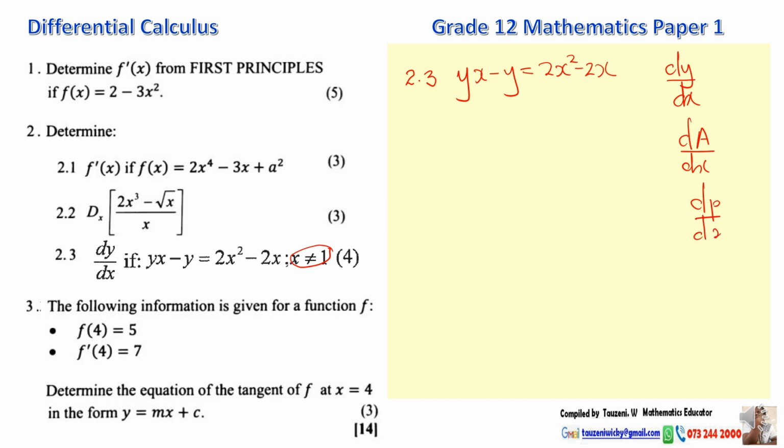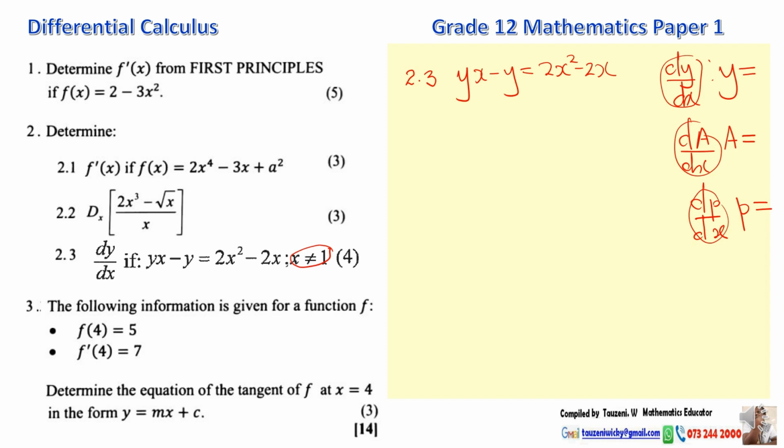Now, what it means is that in this expression, y must be the subject of the formula. In the second one, the subject of the formula is a, and the equation is given in terms of x. If we say dp/dx, it means p must be the subject of that formula, then we can differentiate.